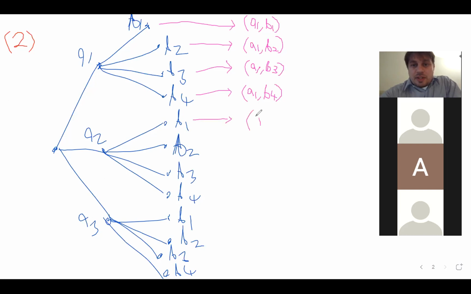Just continue this: A2 from set A, and then B1 from set B, A2 from set A, and B2 from set B. Okay, it's getting boring, so you just keep going with this.